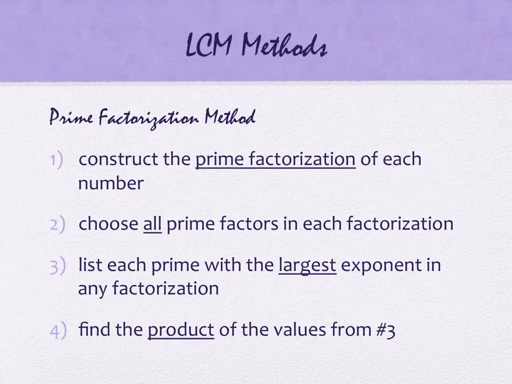For GCD, we listed it with the smallest in anything, right? The smallest one. And then step 4 is the same. We find the product. So there's just a couple of pieces where it's different. Here where we do all, and here where we do largest. Those are the key differences for this method from GCD to LCM.